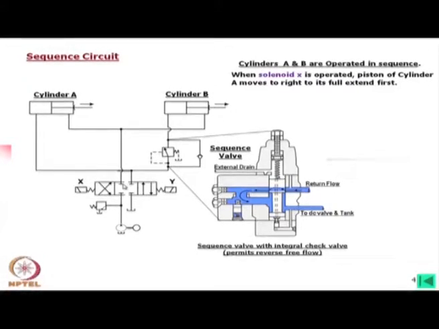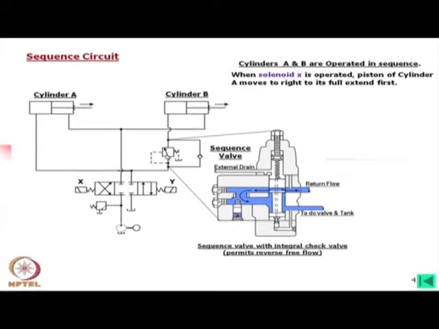Now, say we have connected the X solenoid is operated, the piston of cylinder A moves to the right to its full extent. Now, this oil is going like this, the cross connection is there. So, oil is going through this valve, it is trying to go here, it is also trying to go here. Now, at this position what is there?